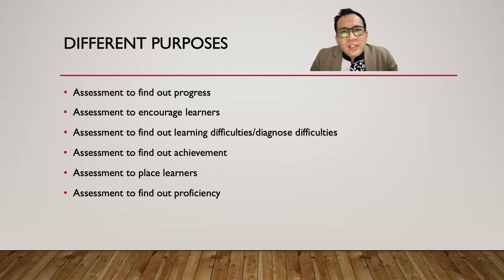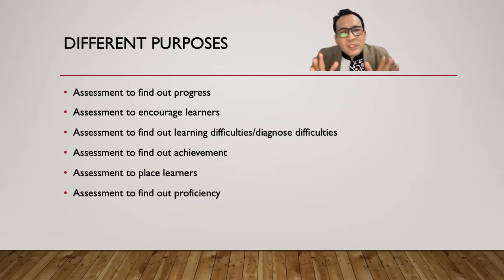Reading proficiency means you have to cover certain aspects of reading. But if you use the word achievement, then it is what you achieve for a certain syllabus, or part of a syllabus.